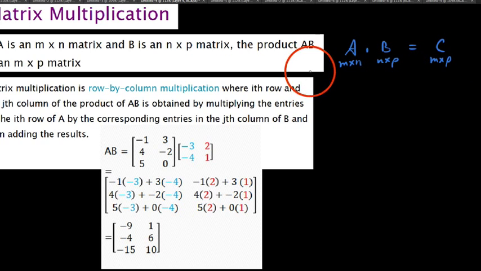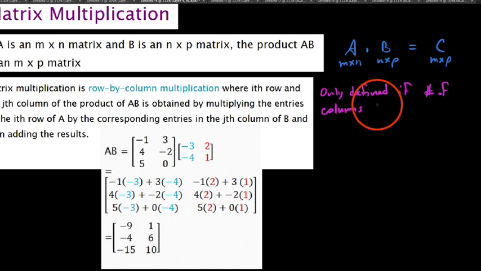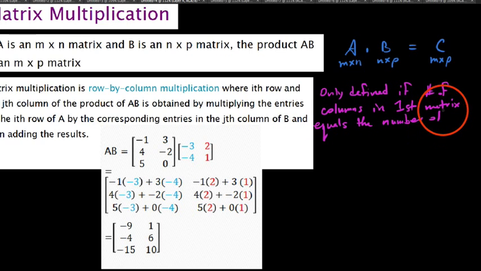What I want to indicate here is this: matrix multiplication is only defined if the number of columns in the first matrix equals the number of rows in the second matrix.